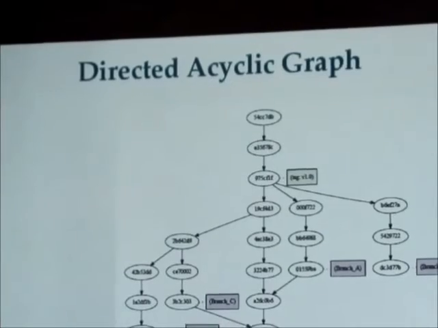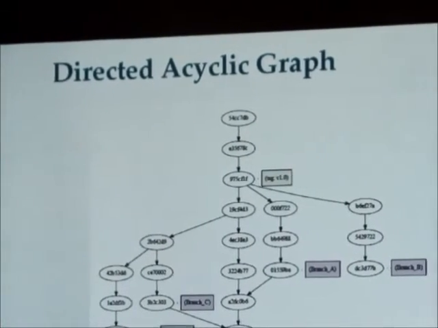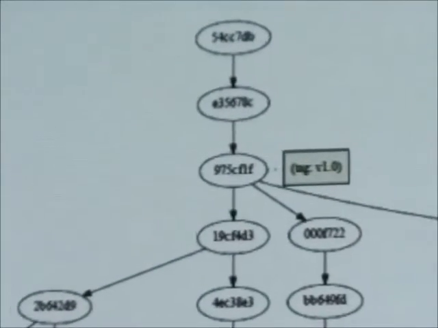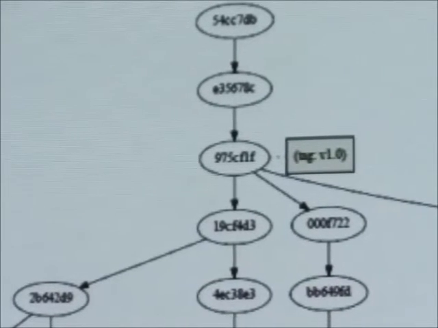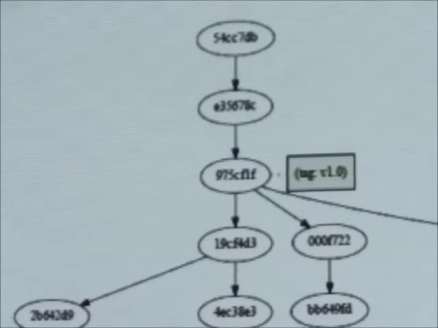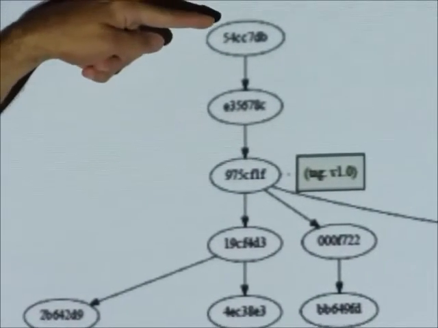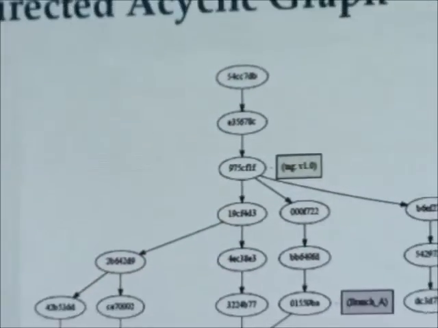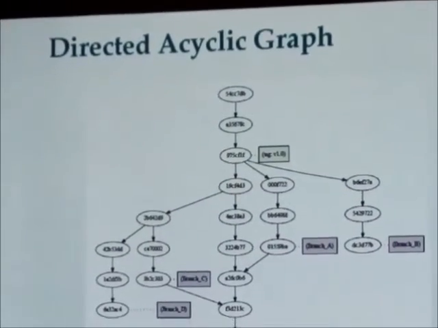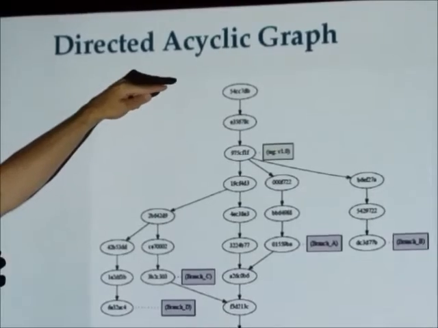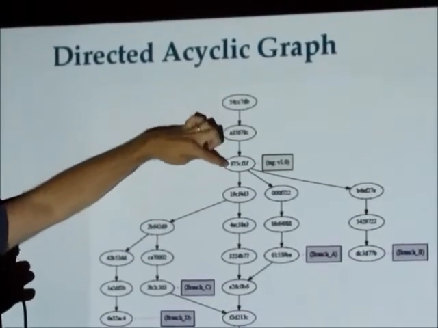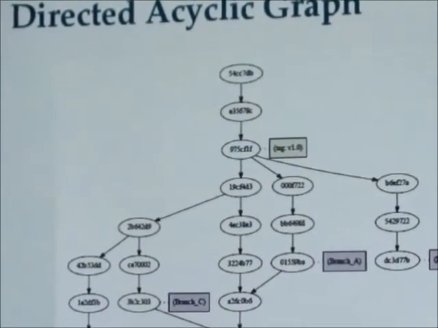you can put them together in ways that get really, really complicated. So this is a directed acyclic graph, and all that means is there are no loops in it. If you start from one point in the graph and follow an arrow, you will never go back to the place that you used to be. And in Git, each of the nodes in this graph represents a commit.